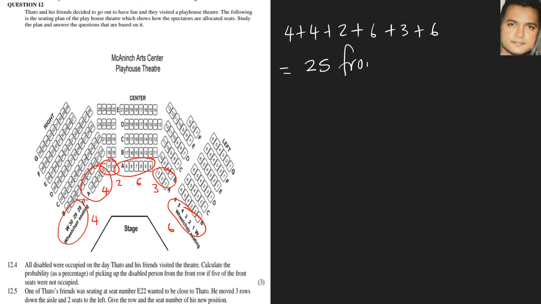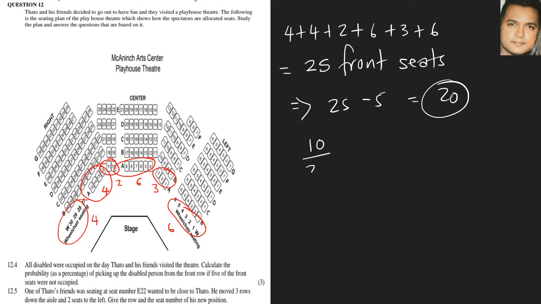So it's 25 front row seats, but they did say that 5 were not occupied, so let's say 25 minus the 5, so we have 20 seats that we're speaking of. So there are 10 disabled people, so it'll be 10 over the total number, which is 20, times 100, because they want a percentage probability, and so the answer would be 50%.